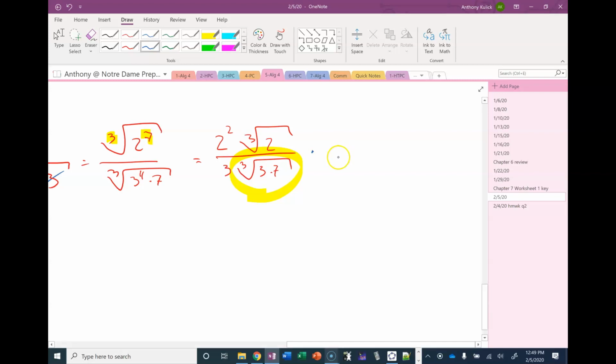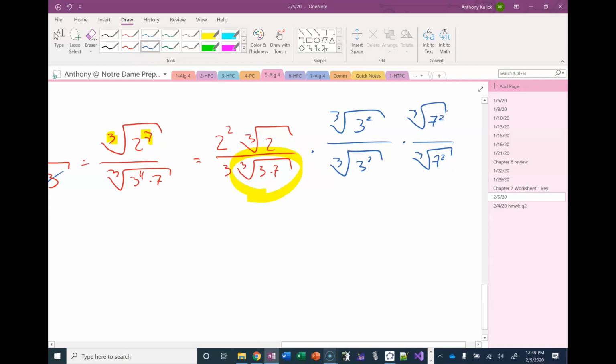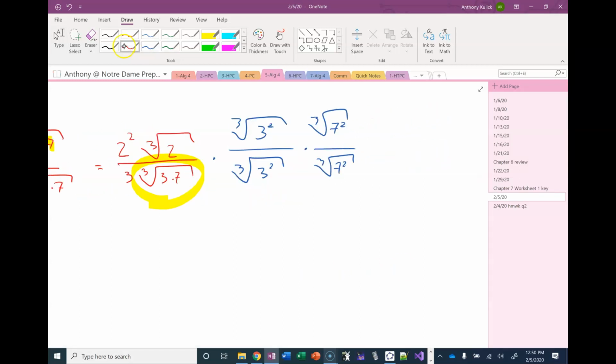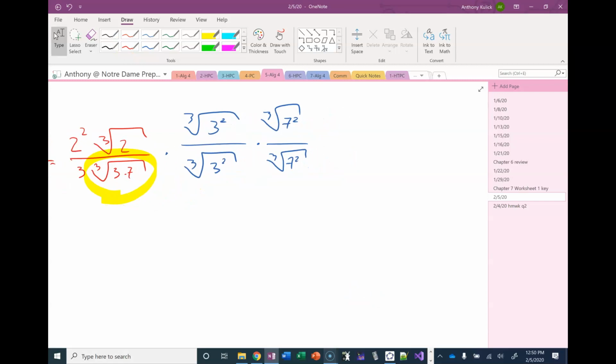So I would need how many more? 2 more. If I do the same thing with the 7, I'd have that. Caden, are you okay there? Okay.